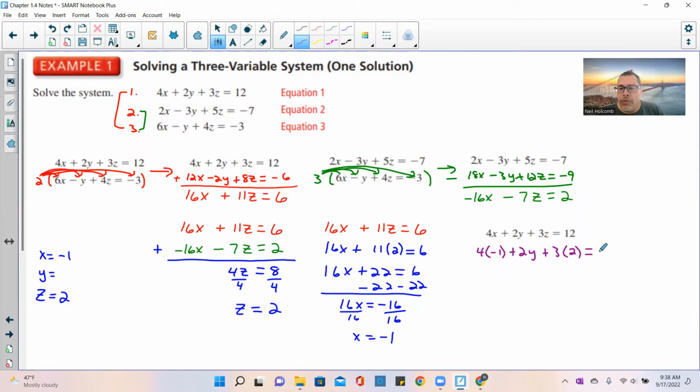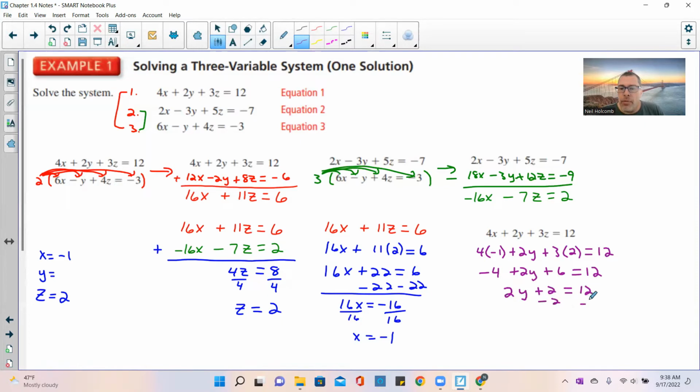And that equals 12. 4 times negative 1 is negative 4, plus 2y, plus 3 times 2 is 6, equals 12. Combining like terms, negative 4 plus 6 is 2, so I get 2y plus 2 equals 12.